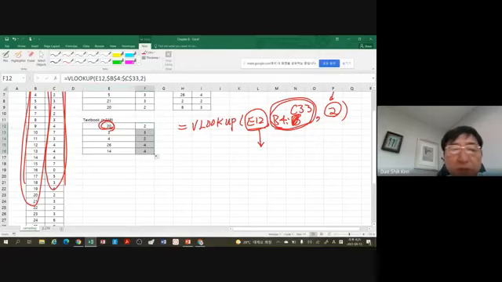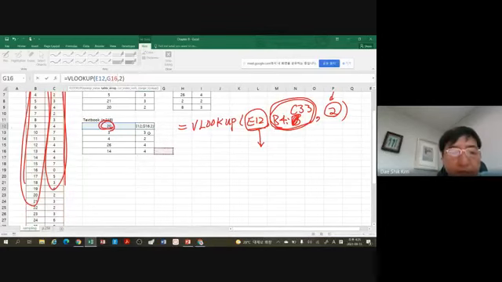Then B4 and C33 with the $ sign will not change, because the $ sign is called absolute reference. So the E12 is relative, this is relative, and this is absolute. The E12 will change to E13, E14, E15, E16.